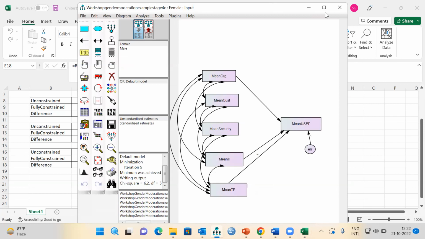So what is the conclusion? The moderation effect is present in this model, meaning males and females differ as far as the model is concerned. But when you check individually for the three paths, only for the path from organization of information to usefulness is the moderation effect there. Clear?